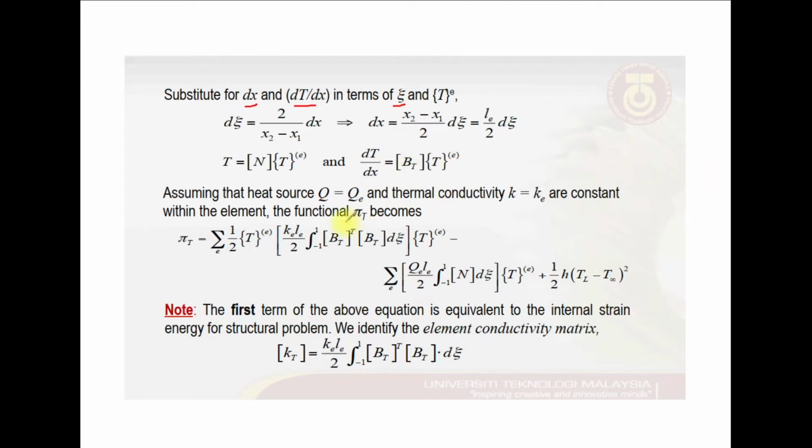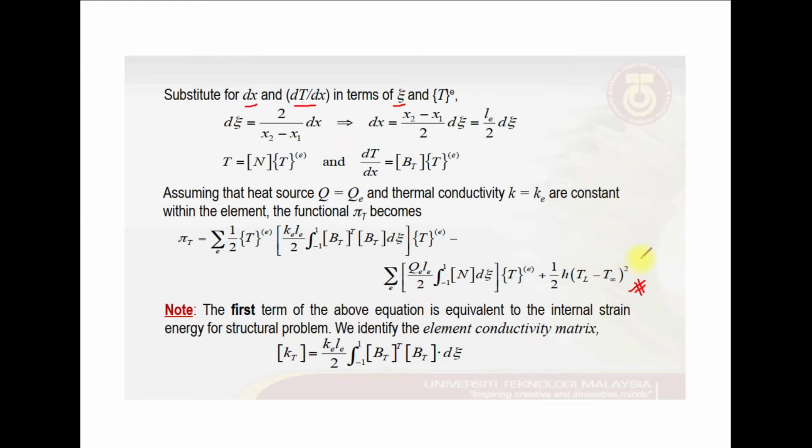Assuming the heat source Q equals Qe and the thermal conductivity K equals Ke, which means the thermal conductivity is constant within the element, the function pi of T becomes these equations.